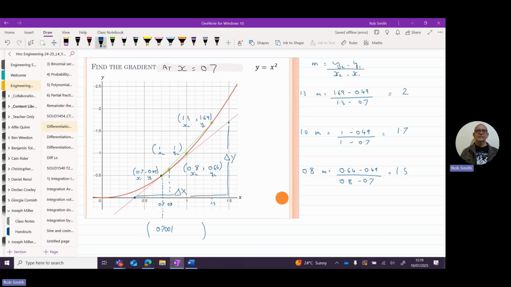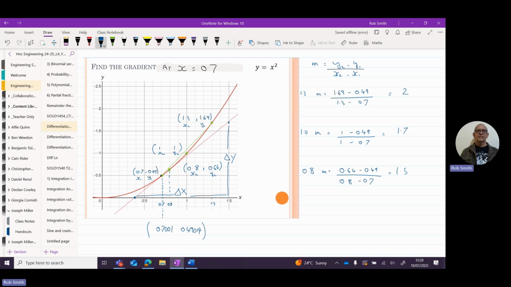It's going to be 0.7001 squared. It's going to be 0.49014.